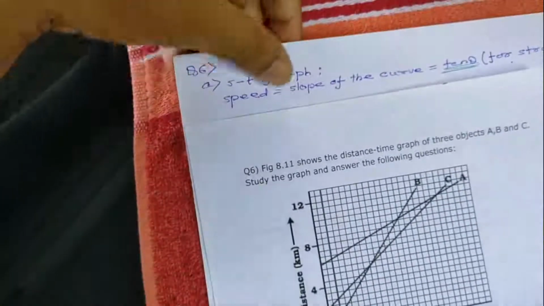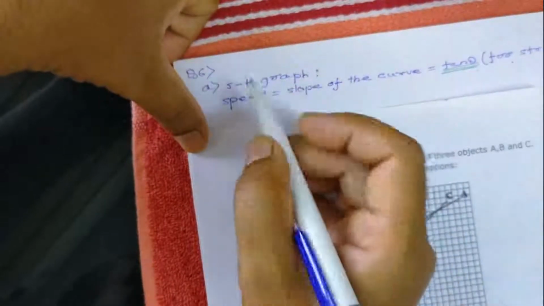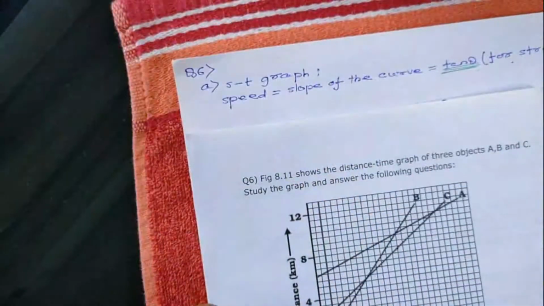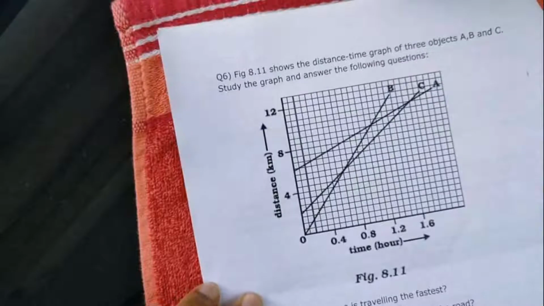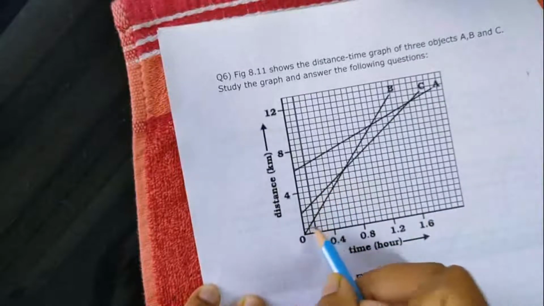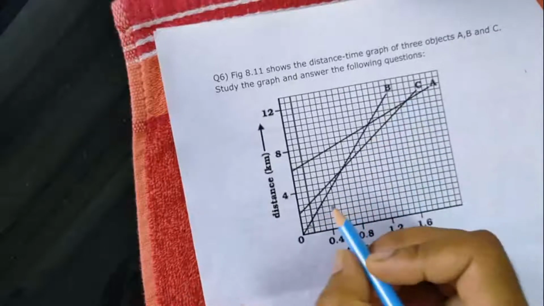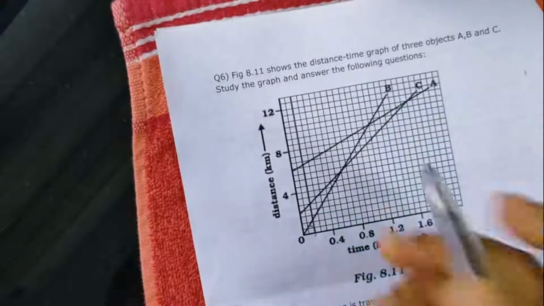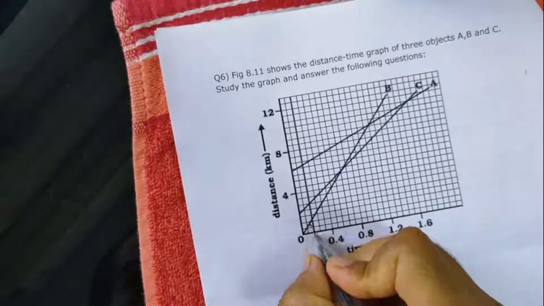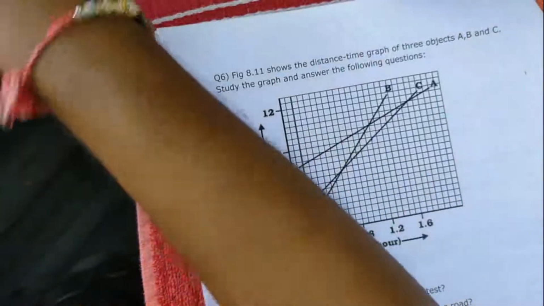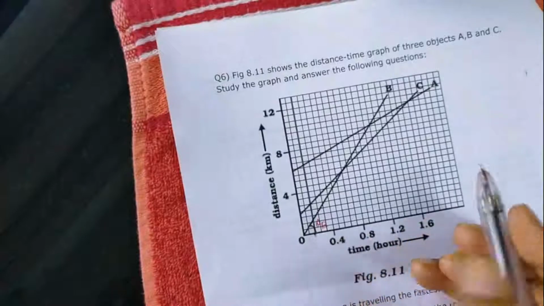Okay, guys, we have three objects available with us, and we have three graphs. So what do we need to do? This corresponds to B. The angle which it forms, let me mark it in red pen, is theta B. Are you able to see theta B?